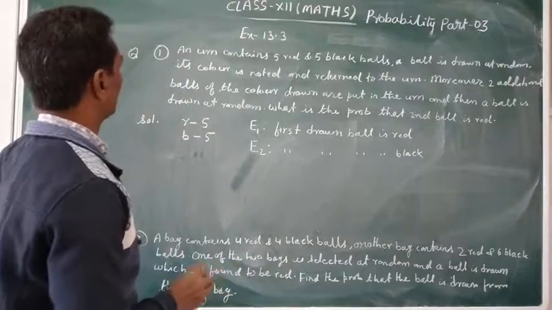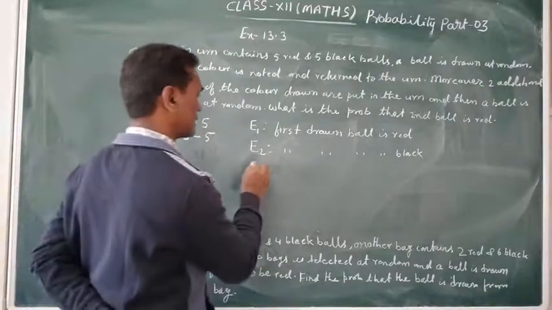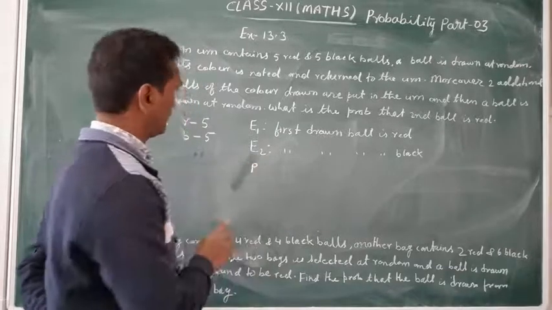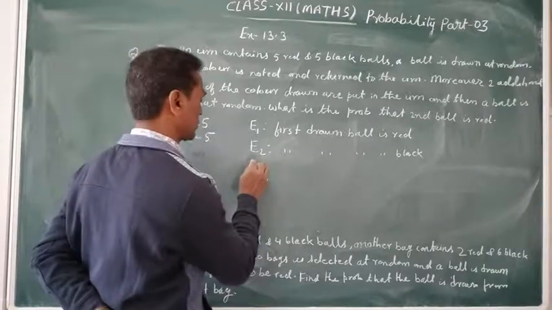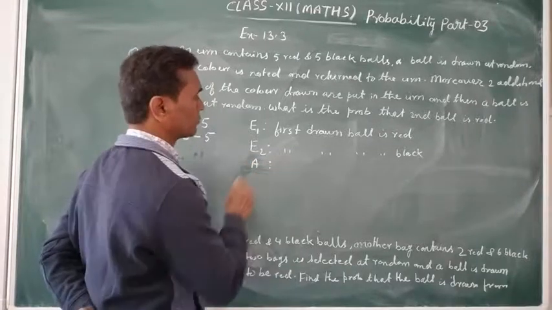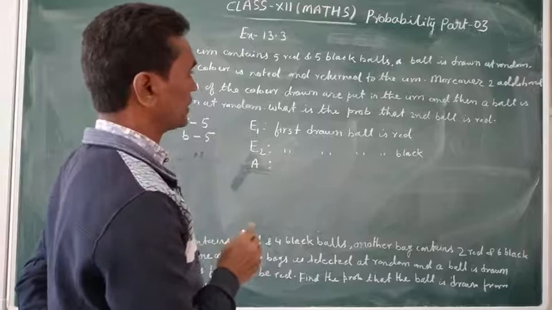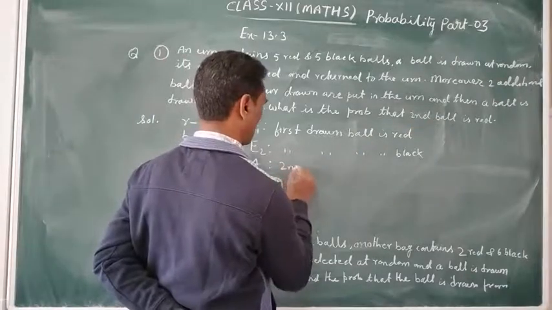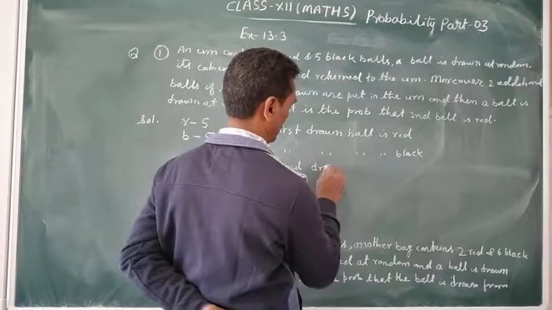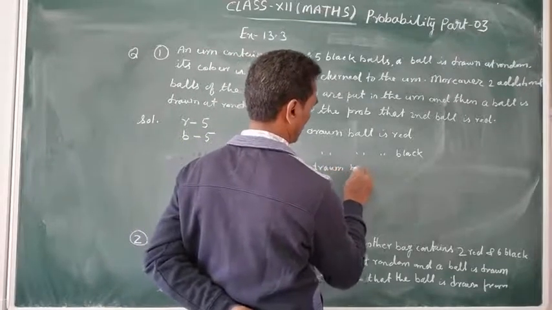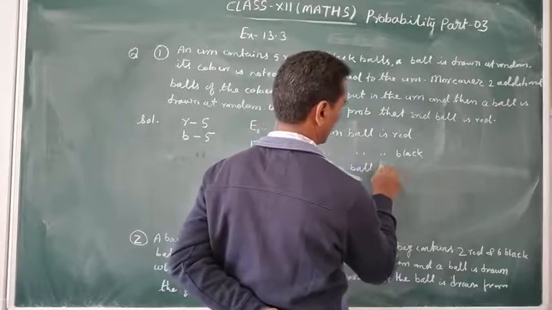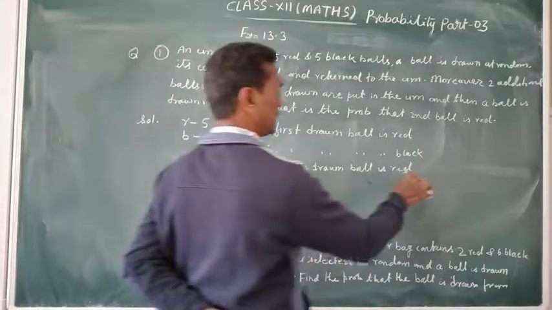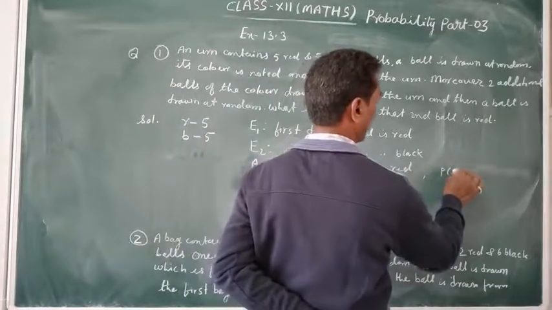We have also defined A, which means the second drawn ball is red, which we have to find. So we have to find the probability of A.